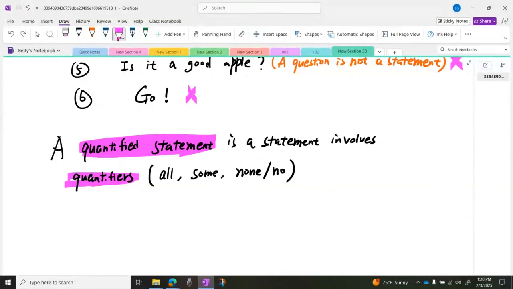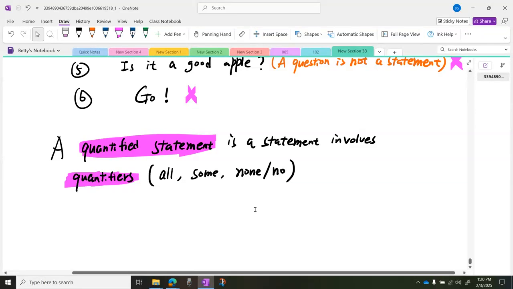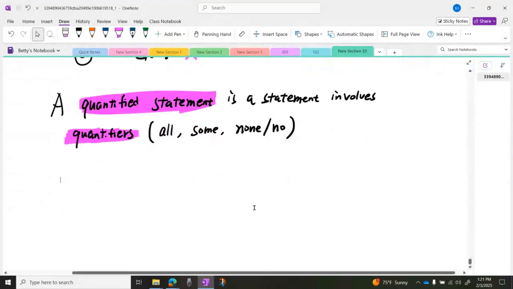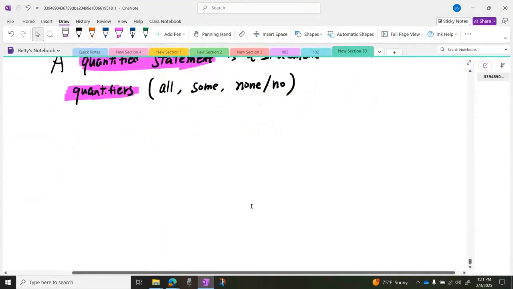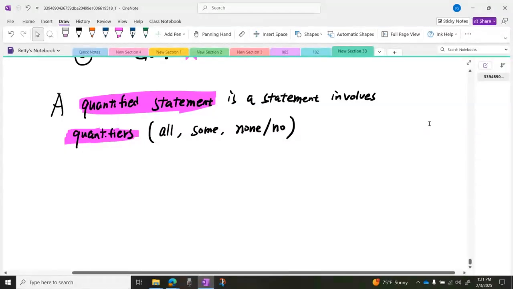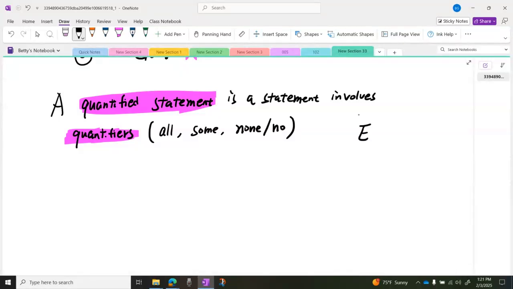If a statement involves one or more of those quantifiers, we call that statement a quantified statement. Don't worry, we only have 4 types of quantified statement. Let me give you the 4 types and also their corresponding Euler diagram.